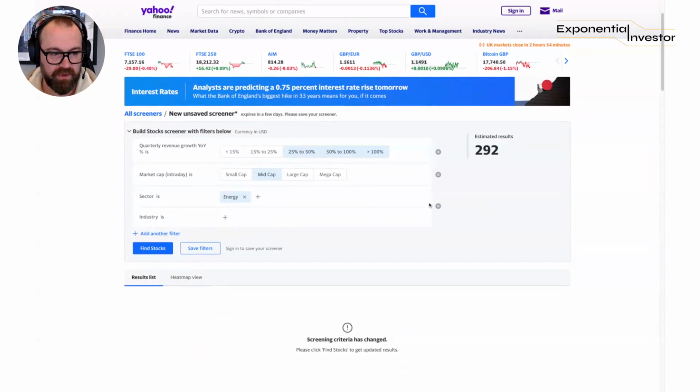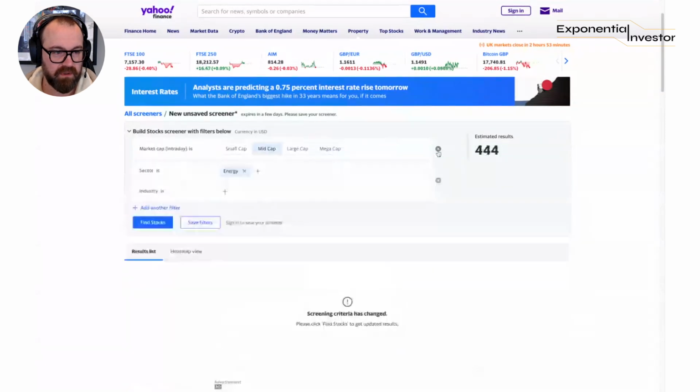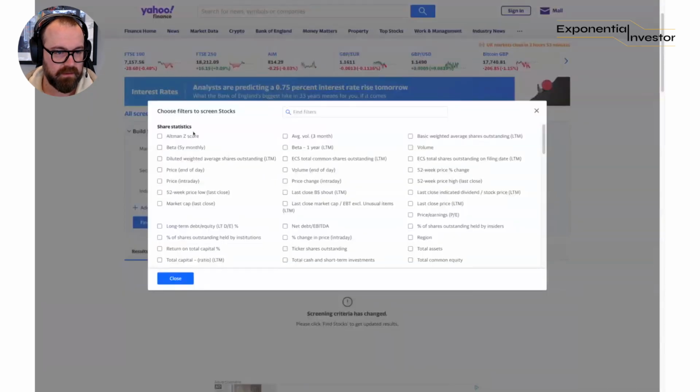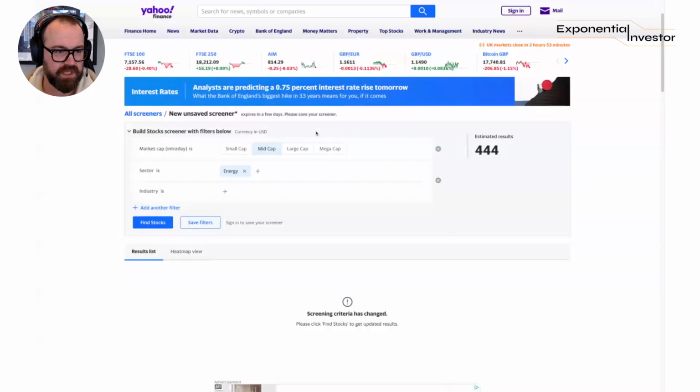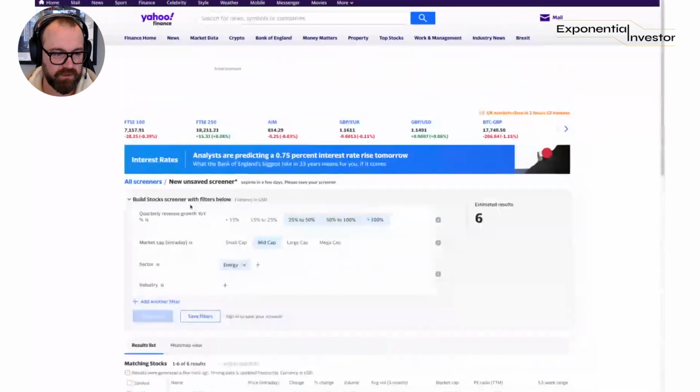All right, so let's get rid of the sectors. Let's get rid of the quarterly year on year. Let's add our region. I don't know why we lost our region there. This isn't the greatest demonstration when it fails on you.